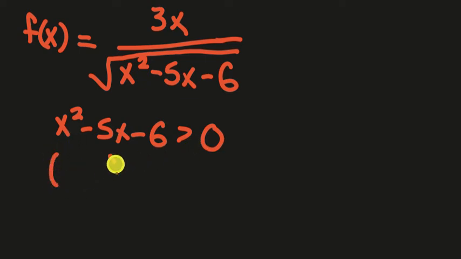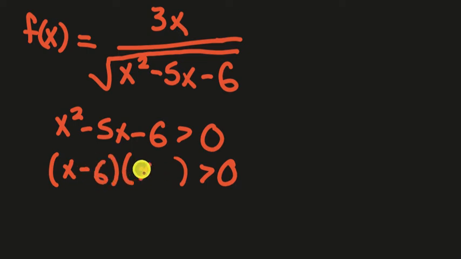We can factor this into two binomials that are greater than 0. And that's going to be x minus 6 and x plus 1. We're going to set each of these to be greater than 0.